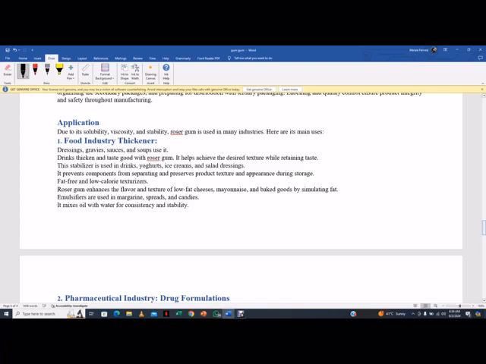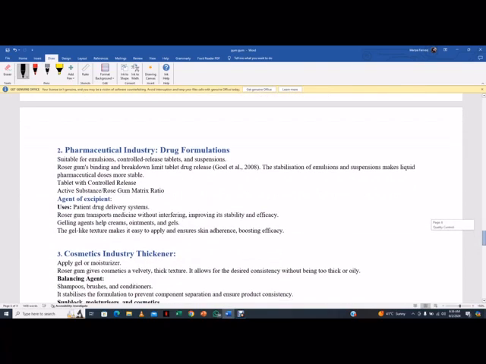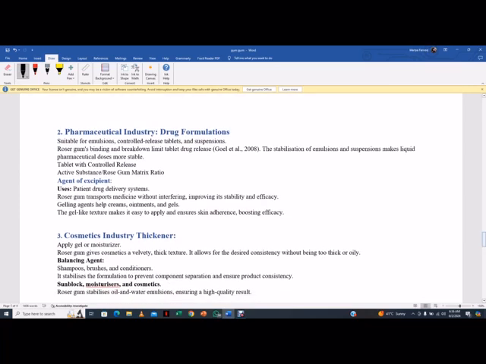Next is the use of the gum roser in pharmaceutical industries. In the pharmaceutical industry, roser gum is used in drug formulations, such as tablets with controlled release, suspensions, and emulsions.